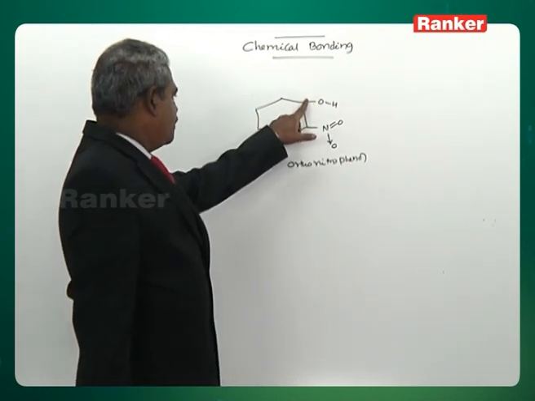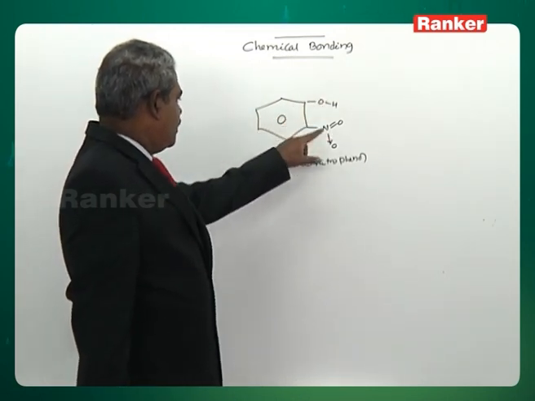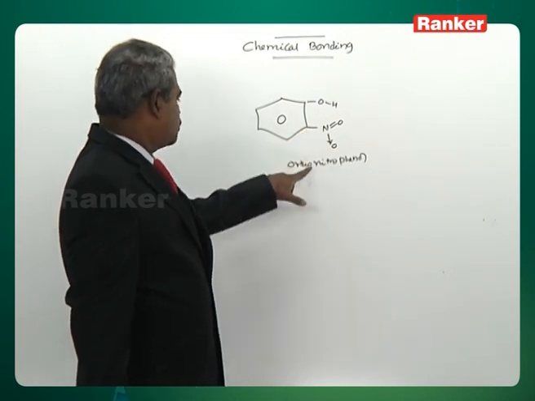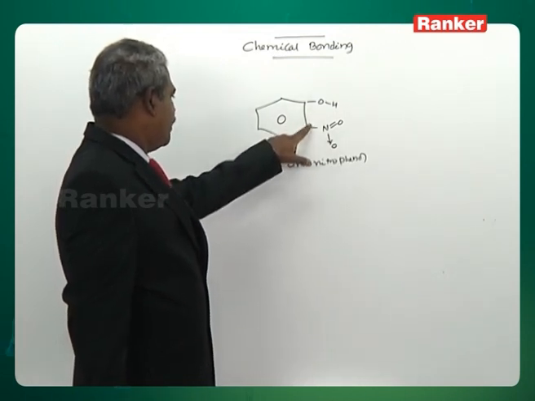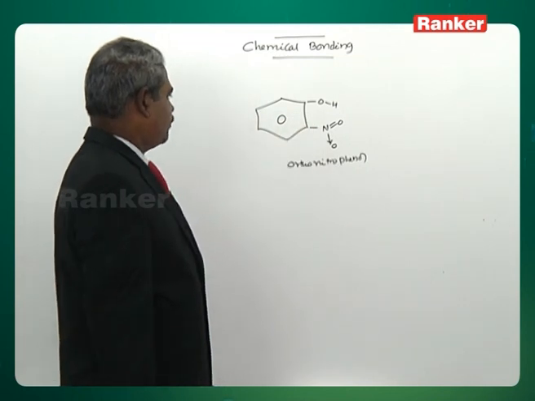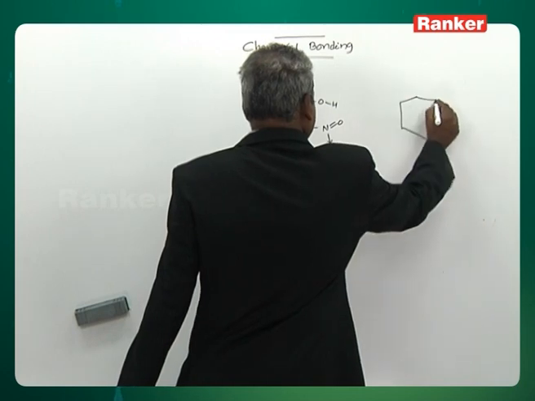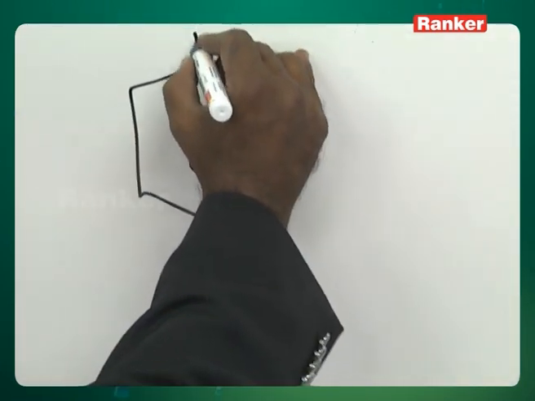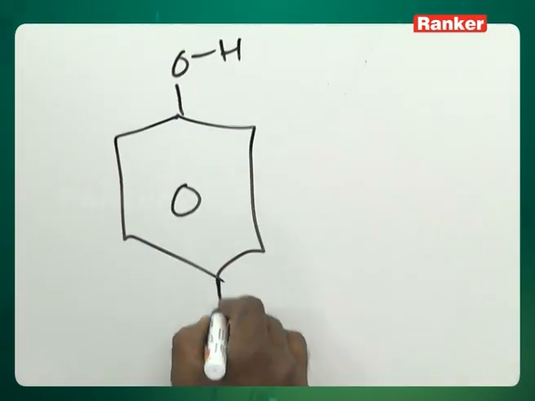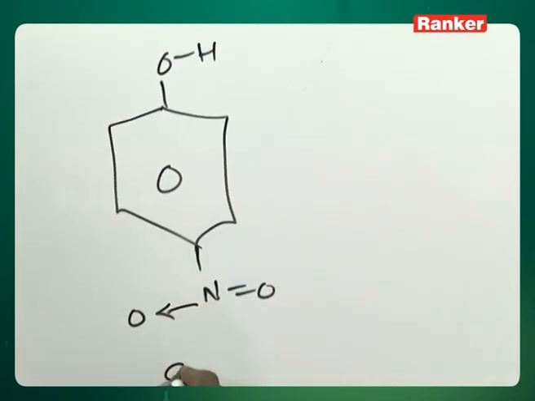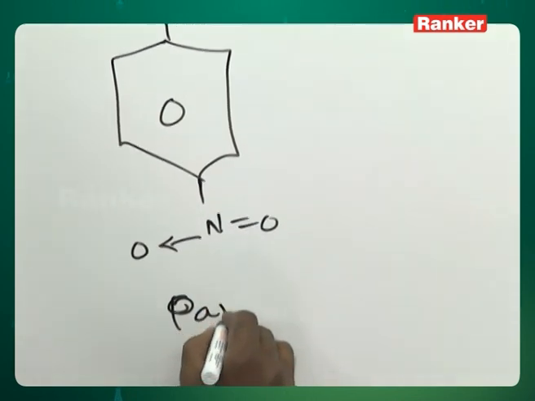If you have an OH on benzene, it is called phenol, and you have NO2 next to OH, it is called orthonitrophenol. And paranitrophenol, the same phenol, but the NO2 is in the para position, opposite to it. This is called paranitrophenol.